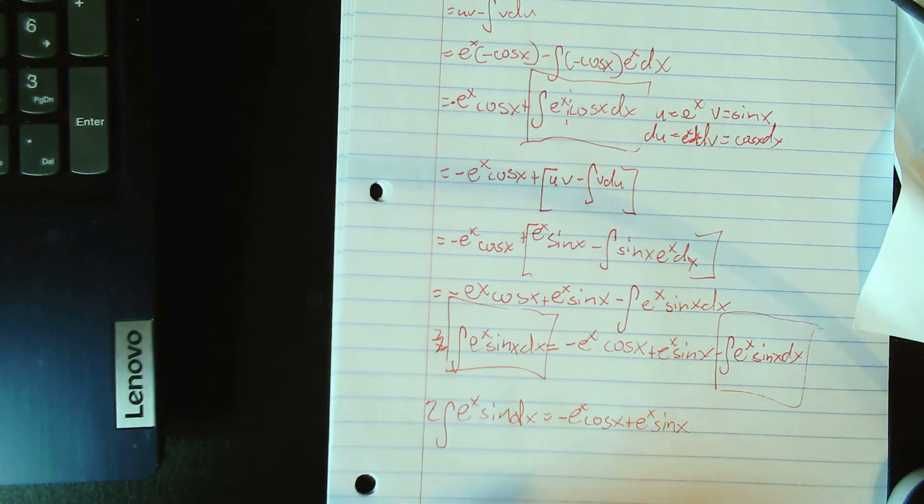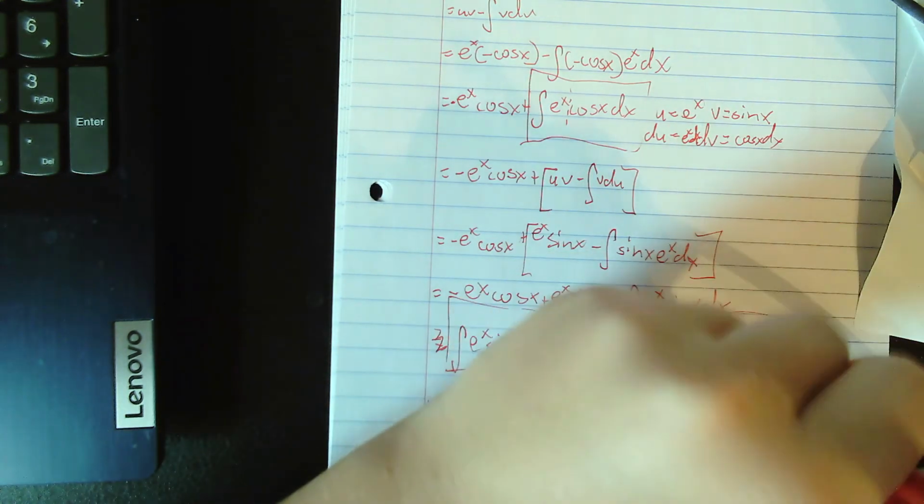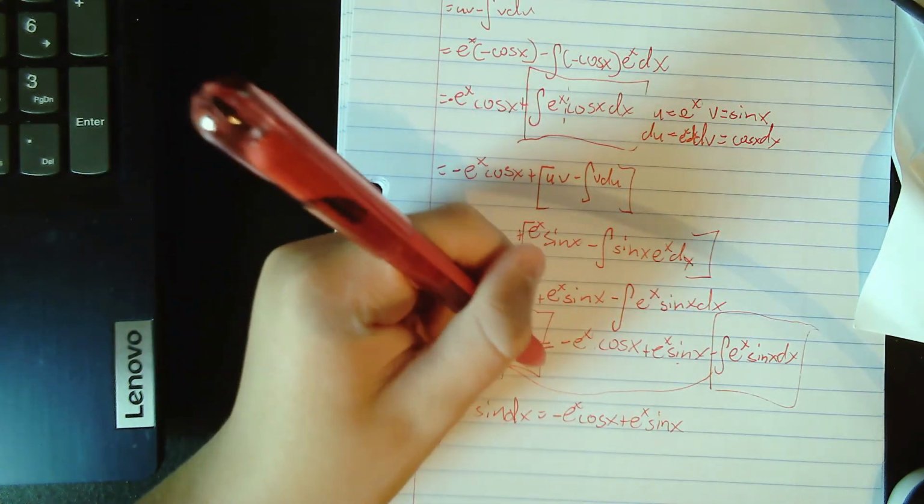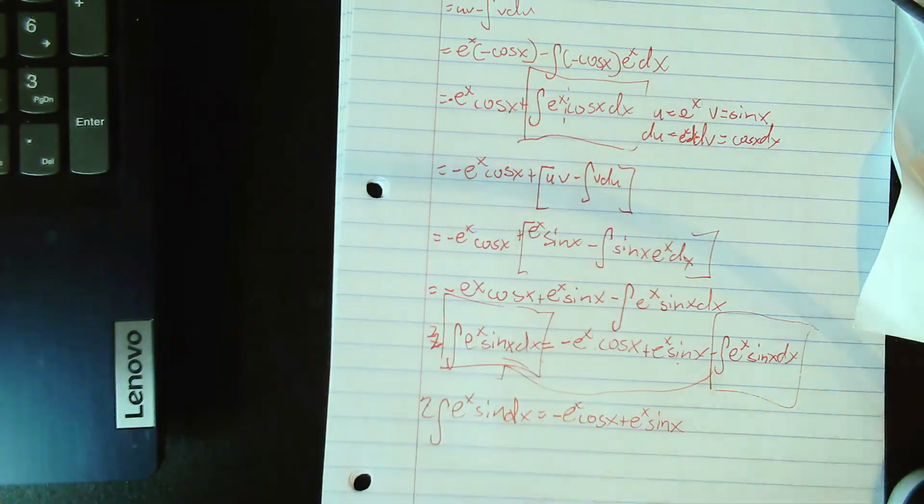And you might say, well, Devin, one's positive and one's negative. How come it's just not 0? Because when we transfer this to the other side, when we pass the equal sign, the signs flip. So now it's positive. That's why. Technically, you could have written this out, if you wanted to do the extra step, as the integral of e to the x sine of x dx plus the integral of e to the x sine of x dx is equal to, but it's just easier to do this.